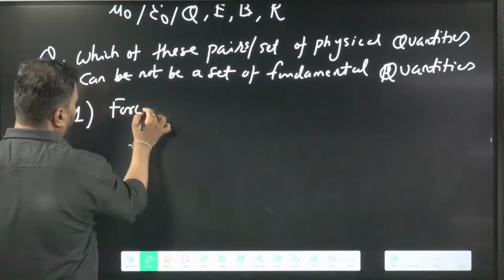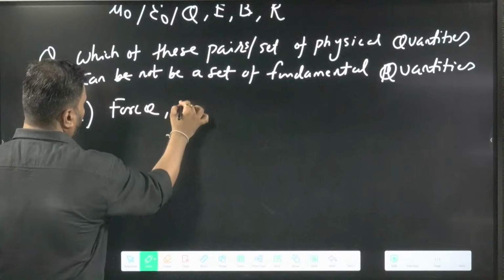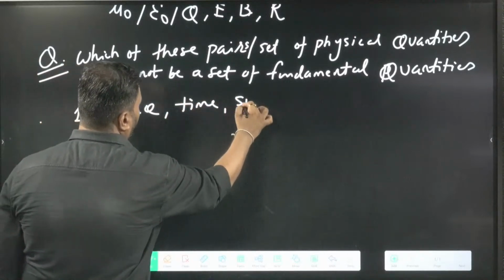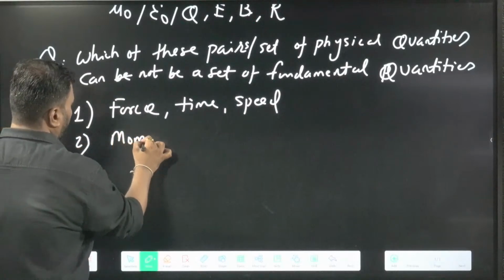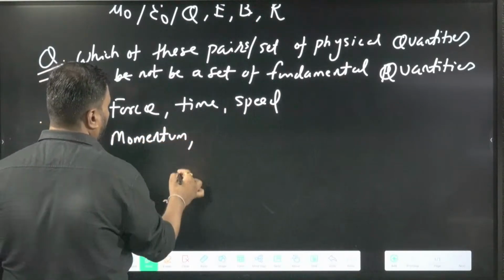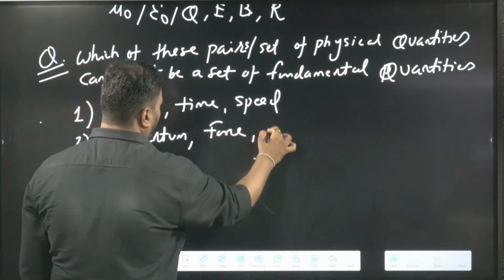First set is force, time and speed. Second is momentum, force and length.